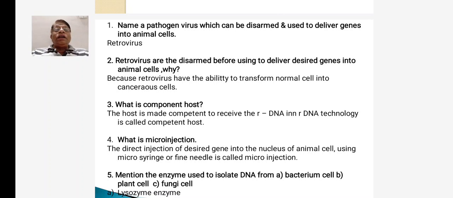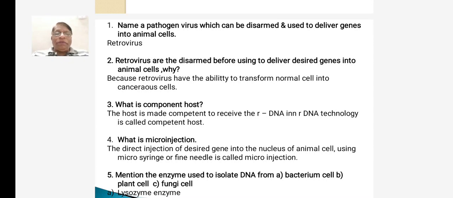Means the retrovirus can cause cancer. That is why the virus must be disarmed before using to deliver the desired genes.